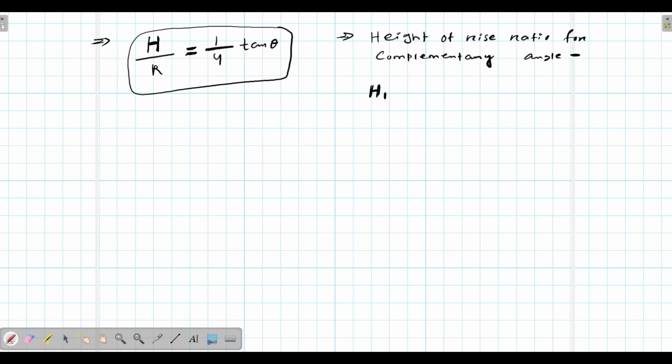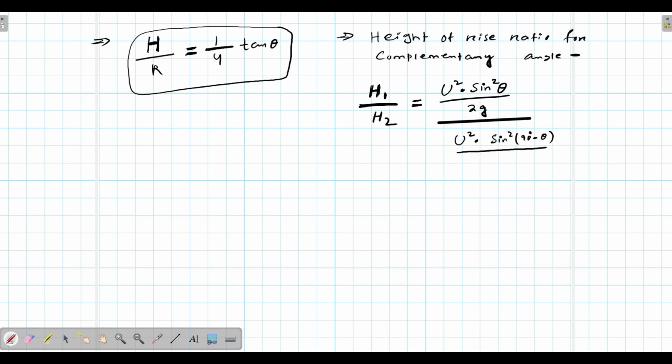H1 equals U square sine square theta divided by 2g, divided by H2 equals U square sine square of 90 minus theta divided by 2g.